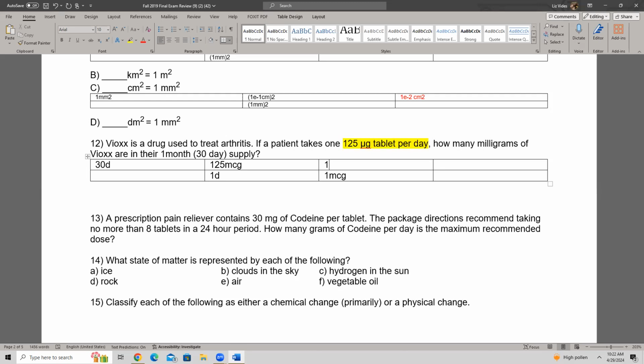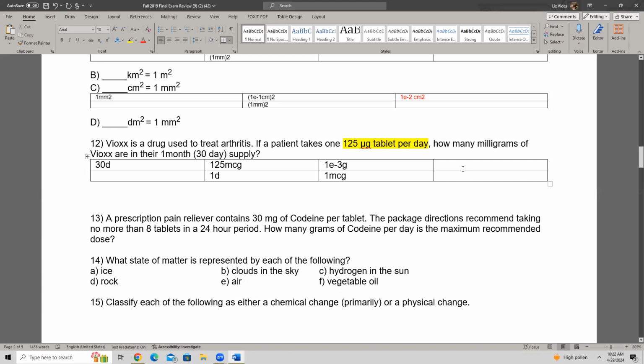So 10 to the third to 10 to the 6th is subtracting, it's 3, and we're going up, so it's e -3. And that would be grams. And that's it. There's your answer.